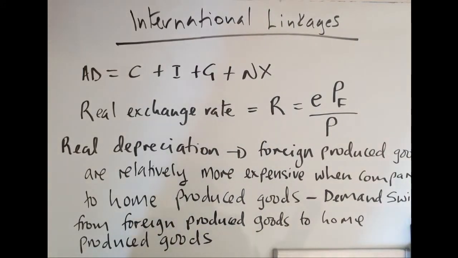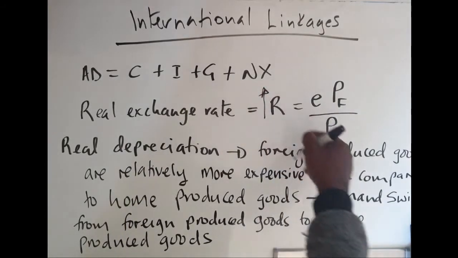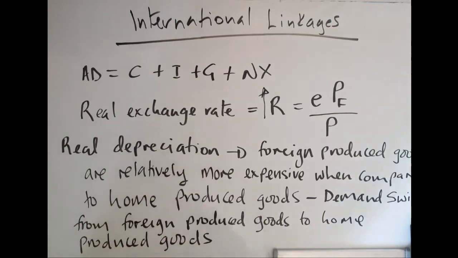You are free to buy goods from any country. So at the end of the day, you buy goods from countries whose goods are relatively cheaper. So a real depreciation leads to demand switching from foreign produced goods to home produced goods. When R rises, on the basis of how we've defined it, we will have a real depreciation.